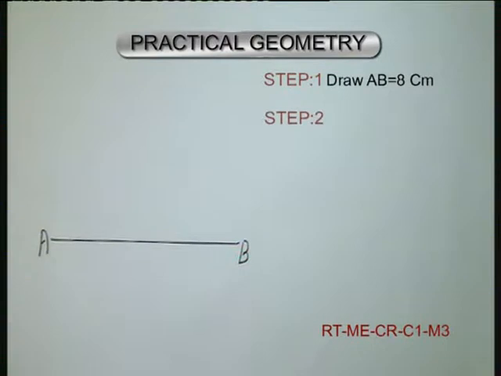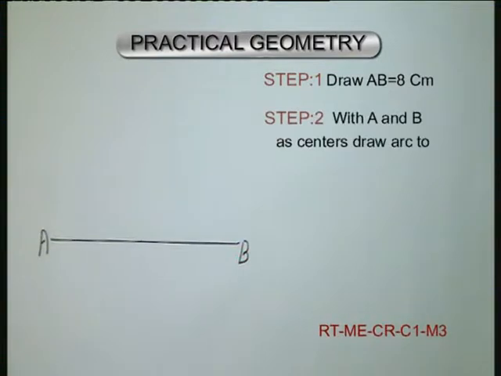Step 2. With A and B as centers and radius equal to more than half of AB, draw arcs of circle on either side of AB.